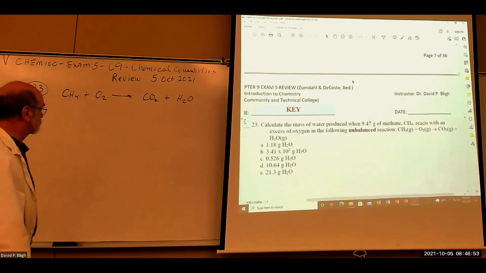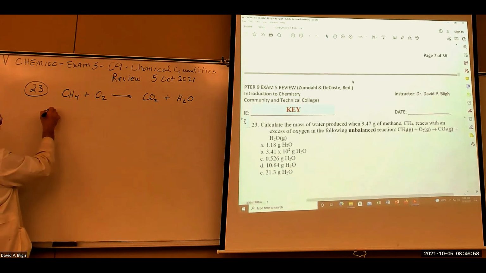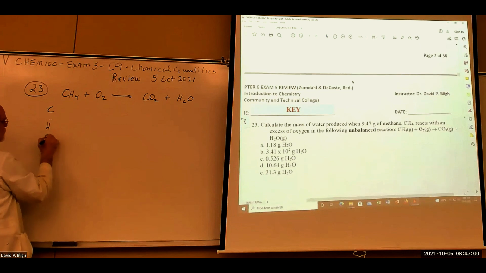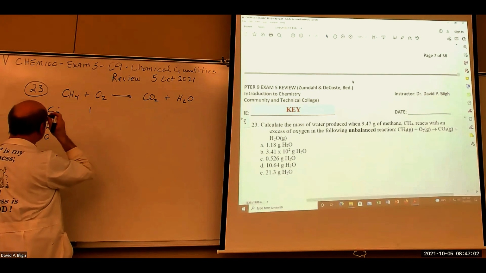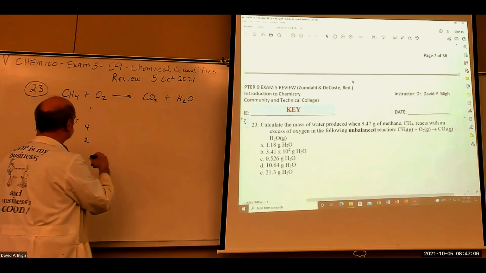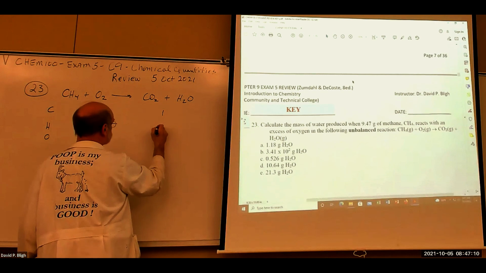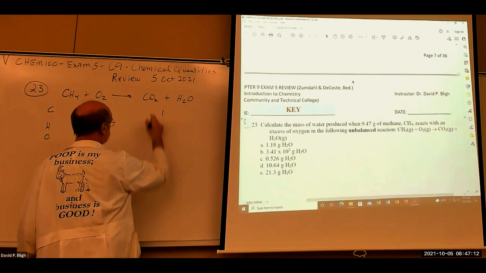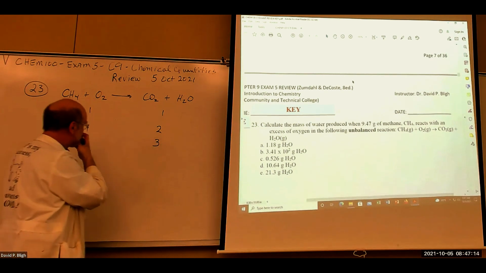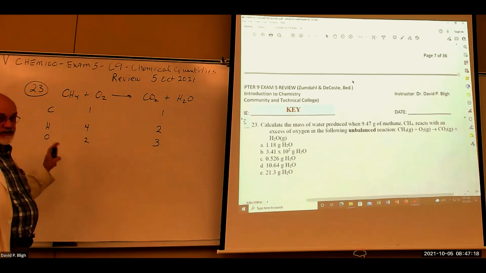So here's methane plus oxygen yields carbon dioxide and water. Balance the equation. All right, let's set up our budget. Carbon, hydrogen, oxygen. So we have 1 carbon here, 4 hydrogens, 2 oxygens. We have 1 carbon here, 2 hydrogens, and 3 oxygens. Okay? So we're going to save oxygen till last.